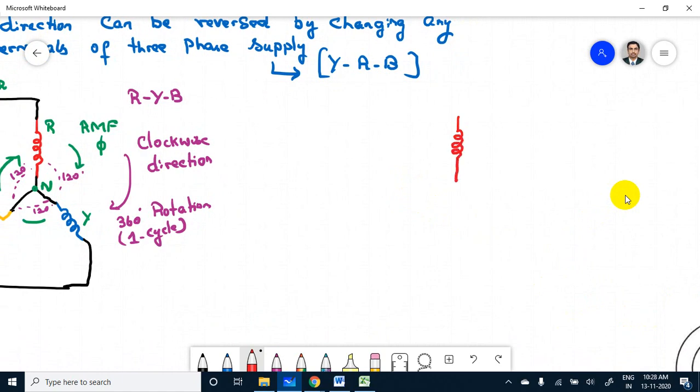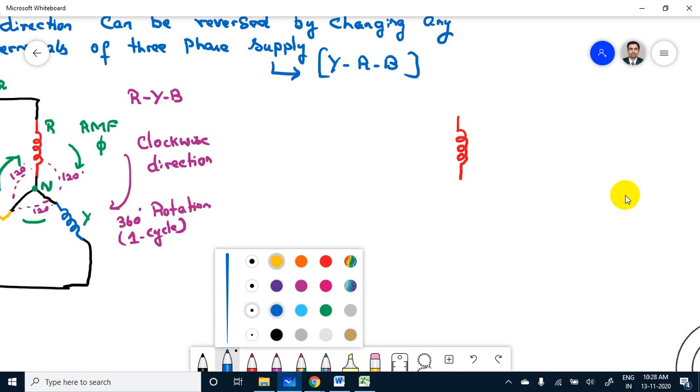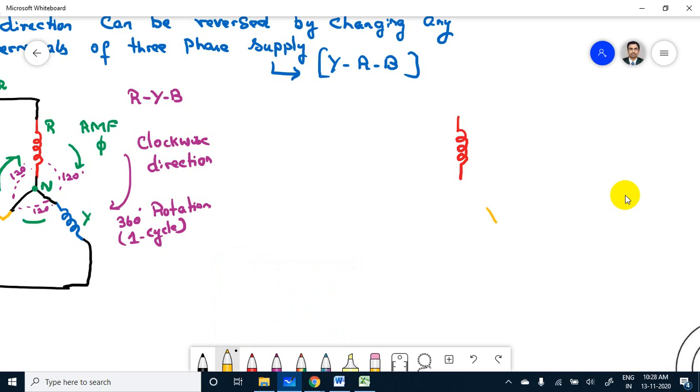Same, take R phase. This is R phase. This is Y.